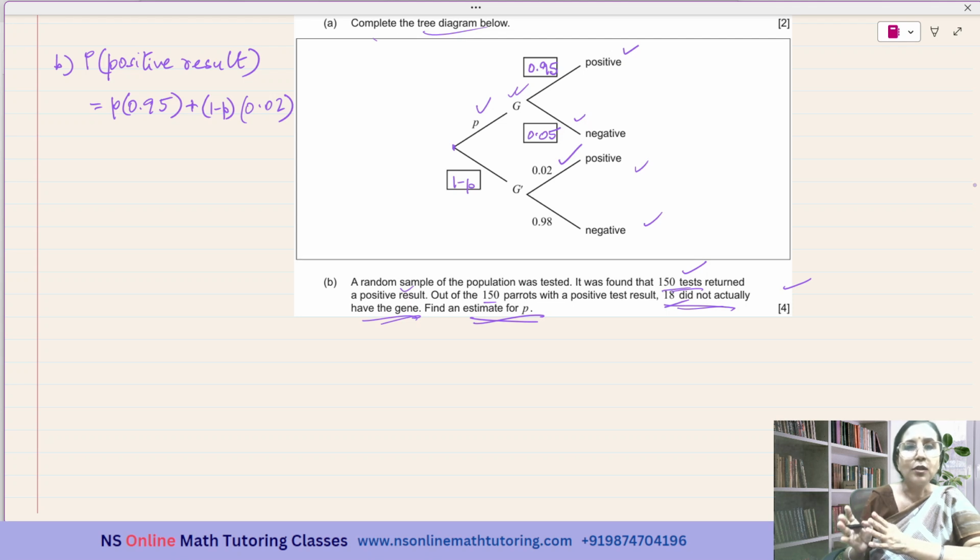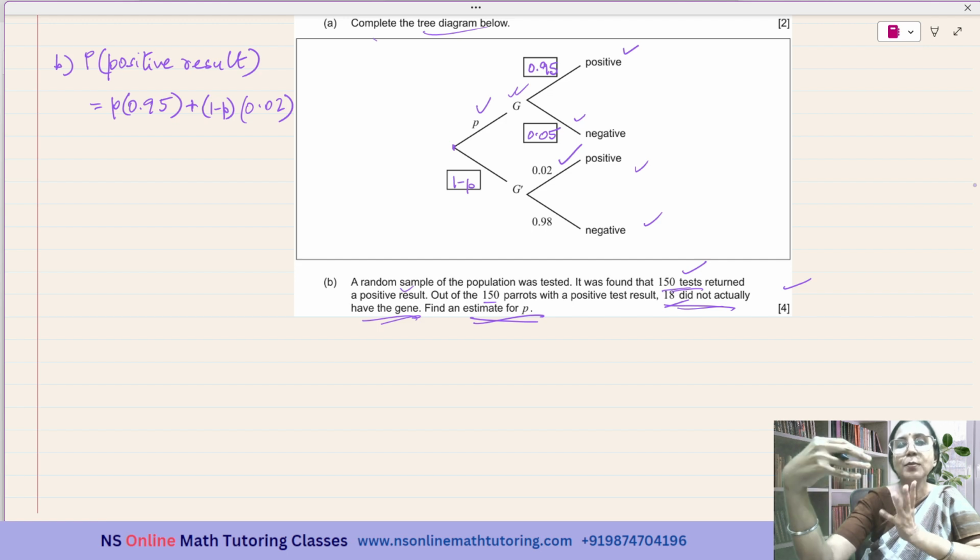So that is a false positive, and it is a case of conditional probability. Out of 150 parrots, 18 are actually not having the gene. So 18 over 150 will be the ratio of the number of parrots who have been tested positive wrongly divided by the number of parrots who were tested positive.